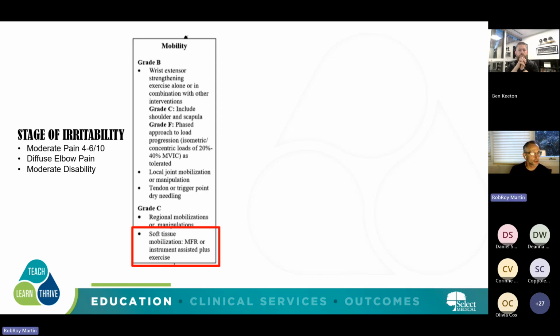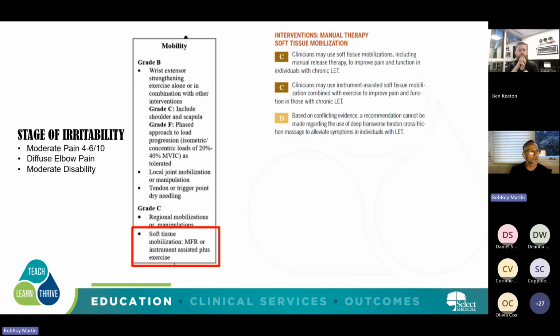Soft tissue mobilization comes with a lower level of recommendation. So far we have some things with grade B recommendation, including dry needling. Our soft tissue mobilization, whether this be myofascial release or instrument assisted mobilization, comes with a May recommendation, so again, lower levels of evidence.